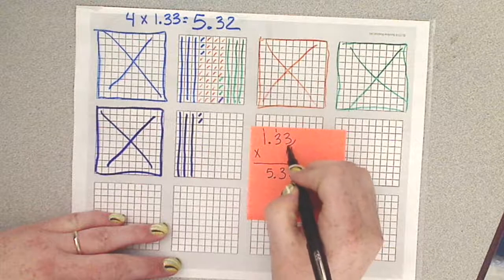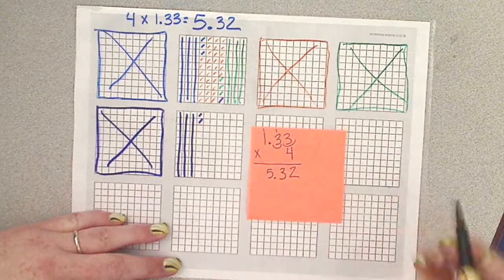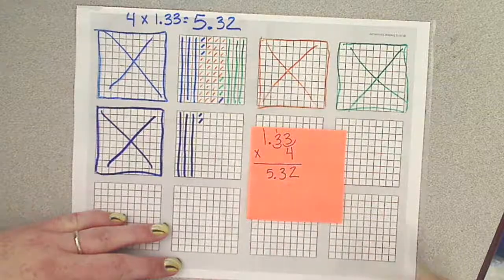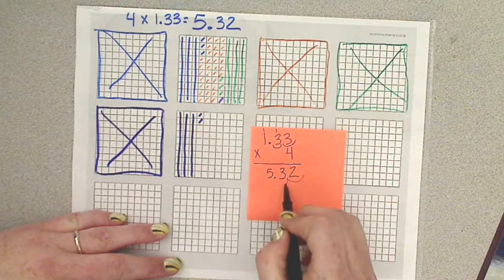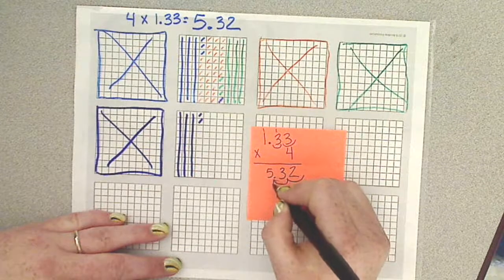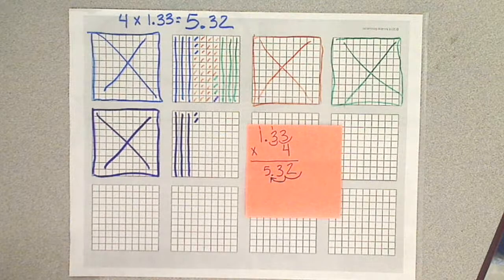And because we have 2 places in both of our factors that are to the right of the decimal, I have 2 places in my answer to show where my decimal should go.